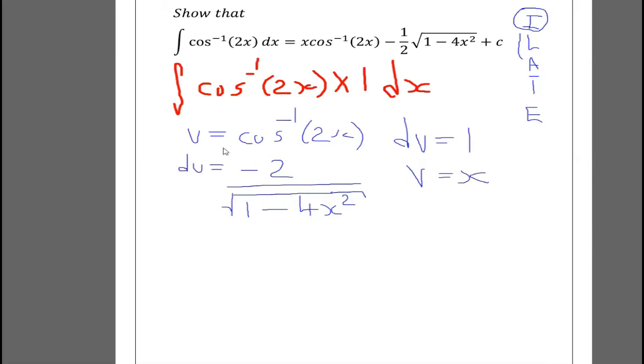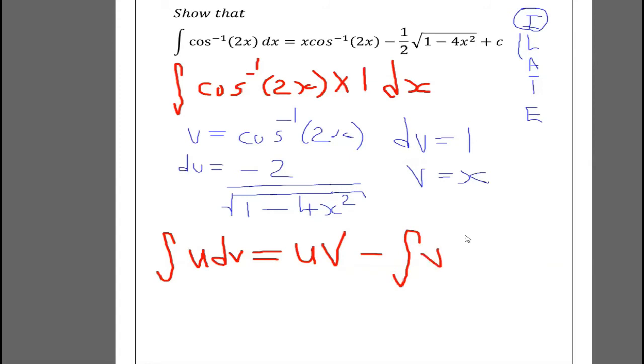So now, according to the LIATE rule, the integral of u dv is equal to uv minus the integral of v du.